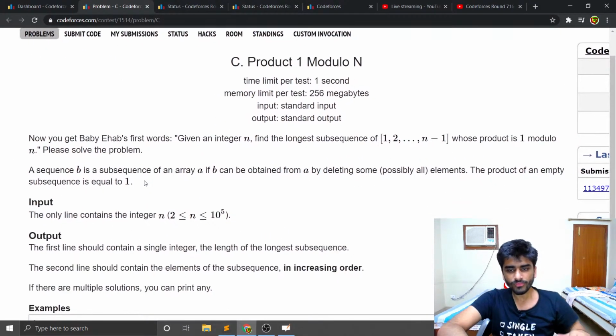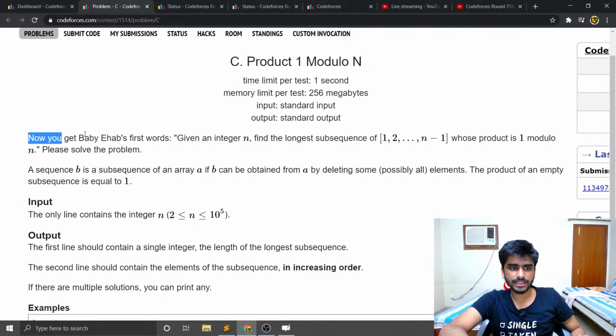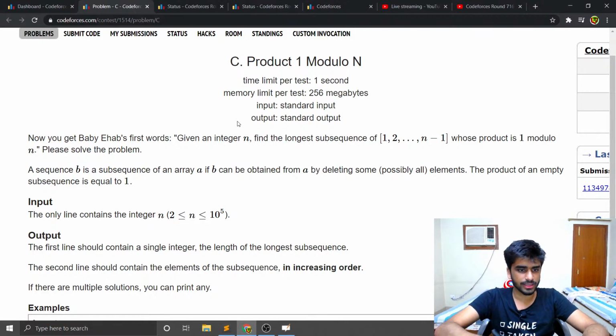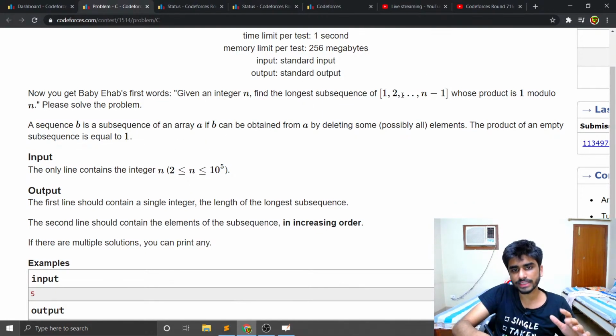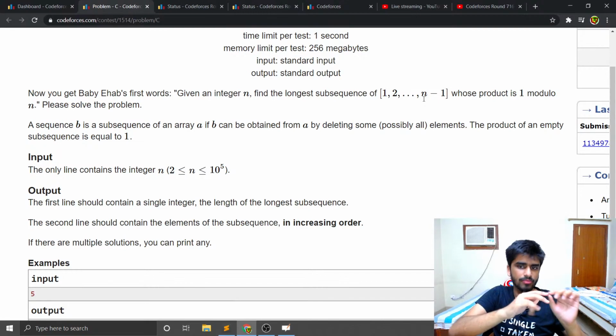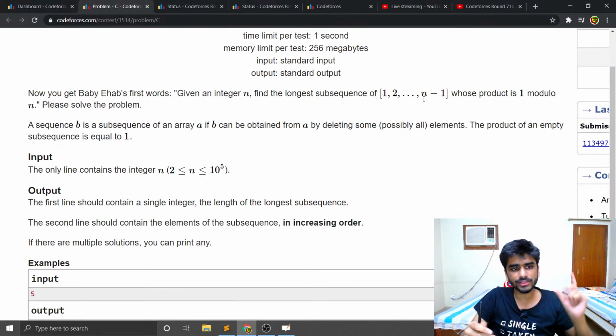So basically, you are given a single integer as input, that is n, and you want to find the longest subsequence of the array from 1 till n minus 1, whose product is 1 modulo n.